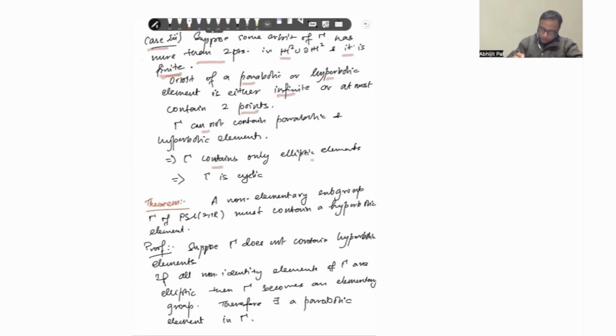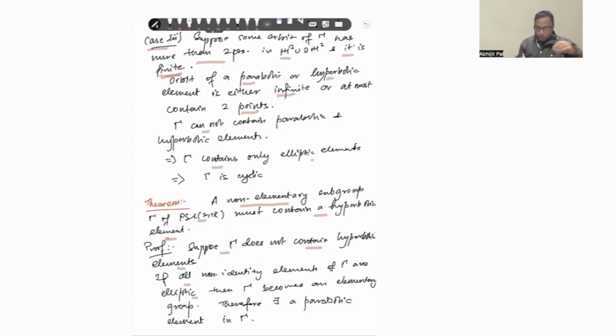Okay. So now the next theorem says the following. A non-elementary subgroup of PSL2R must contain a hyperbolic element. So what is the proof of this? Suppose gamma does not contain hyperbolic elements. If all non-identity elements of gamma are elliptic, then gamma becomes an elementary group.